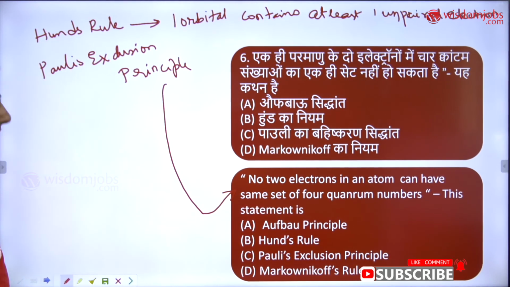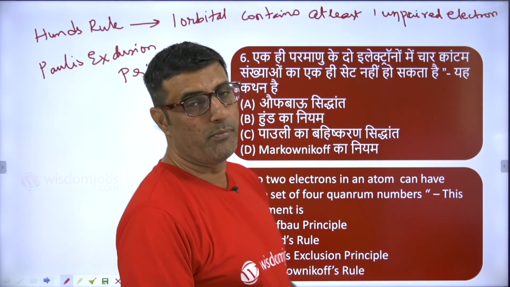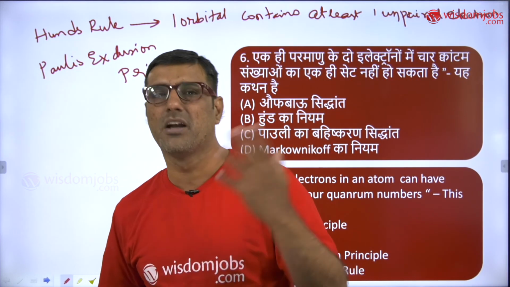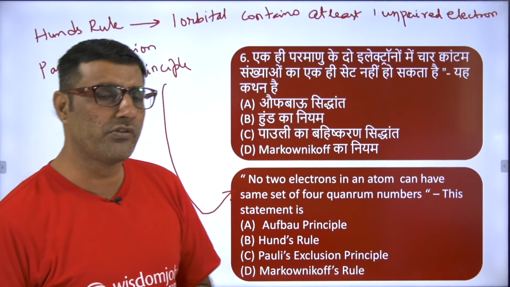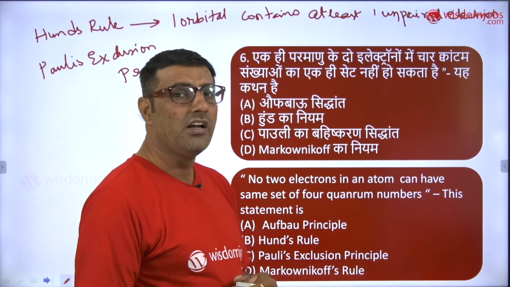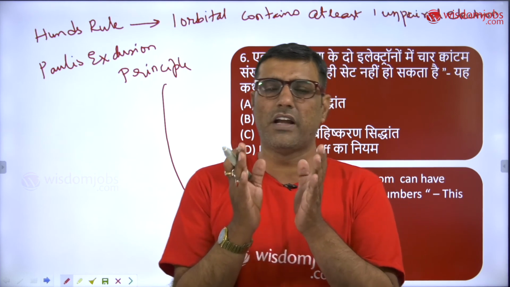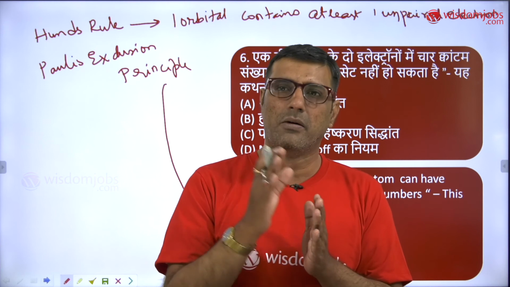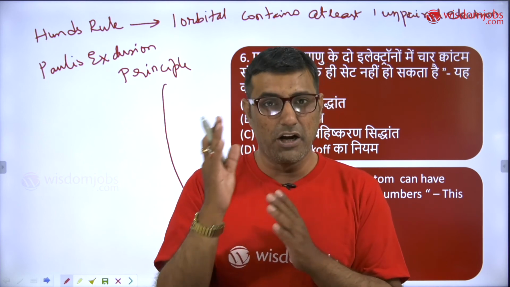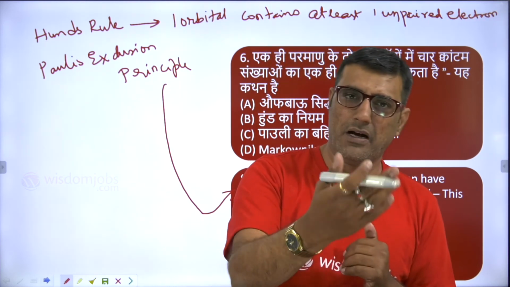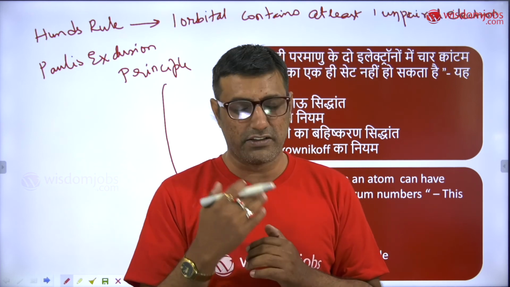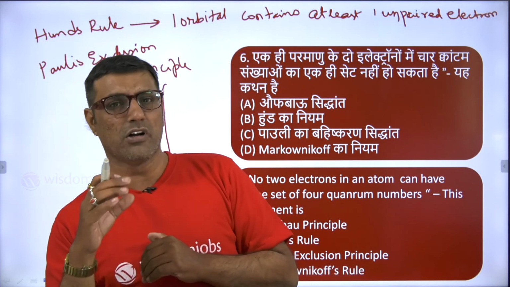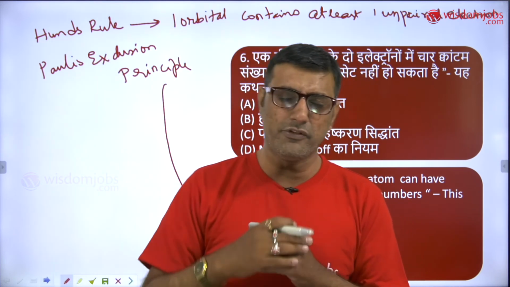Okay, next coming to Markovnikov's rule. Markovnikov's rule basically will be encountered in organic chemistry. Markovnikov's rule states that if you are taking an alkene or an alkyne and if you are adding a hydrogen halide, the hydrogen would be bonded to the carbon in the hydrocarbon with the lesser number of bondings.